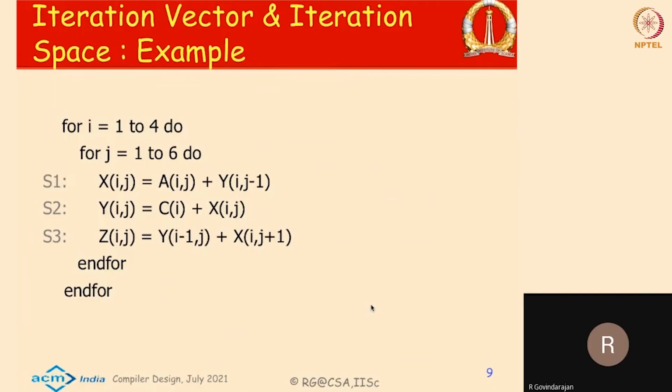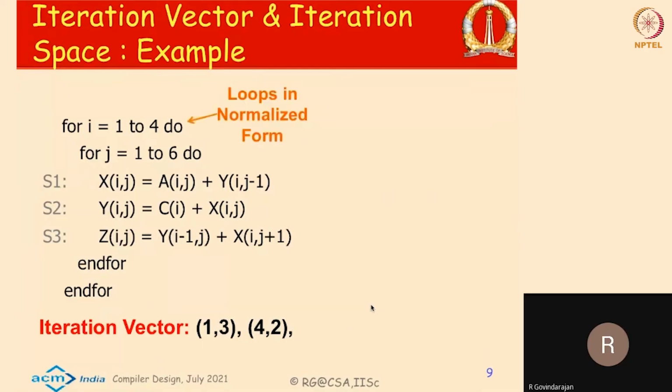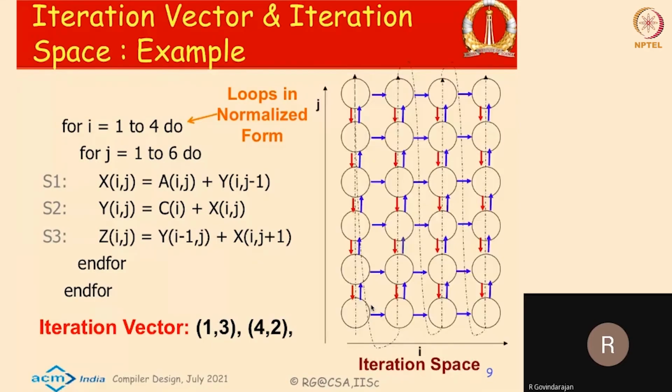Now again, take the same example here. I have taken values from 1 to 4 for the i loop, and values from 1 to 6 for the j loop. You can see that some specific iteration vectors are 1, 3 or 4, 2, etc. And the iteration space is essentially from 1, 1 to 4, 6.